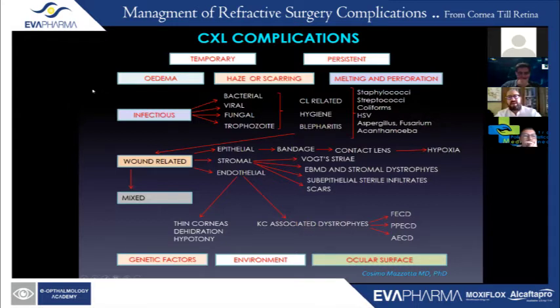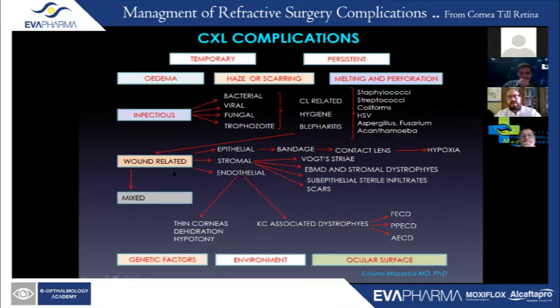So we can divide the complications into infectious, bacterial, viral, fungal, parasitic, and trophozoite, but mainly cross-linking complications are related to contact lens, to poor hygiene, to blepharitis. The most involved infectious agents were Staphylococcus, Streptococcus, Escherichia coli, herpes virus, fungi, and also Acanthamoeba.